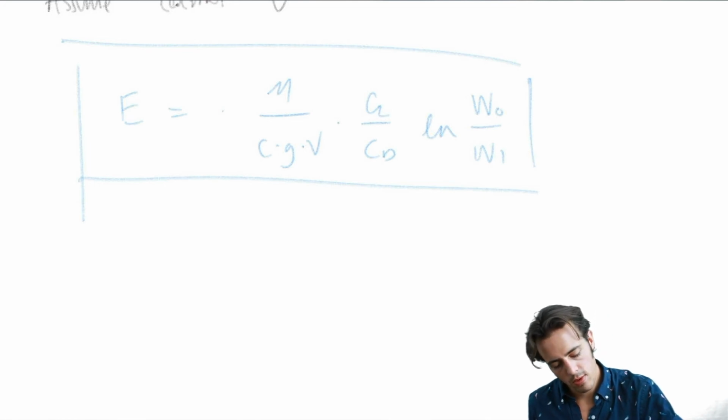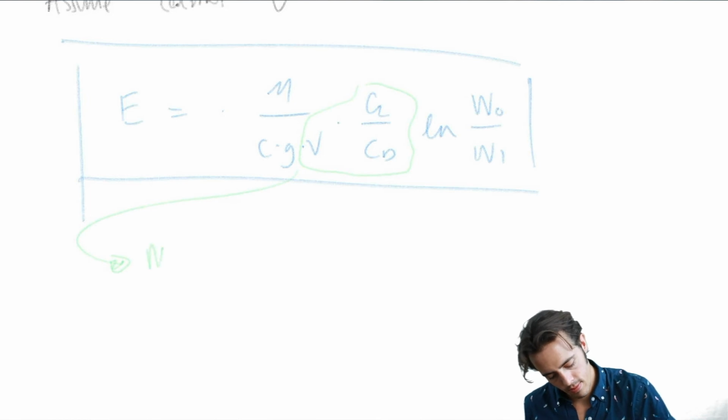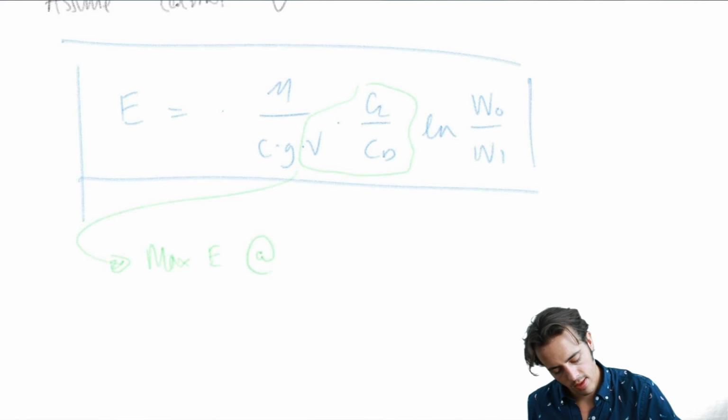What we've actually got to maximize is not CL on CD, it's this term here. So our maximum endurance is at the maximum value of CL divided by V CD.